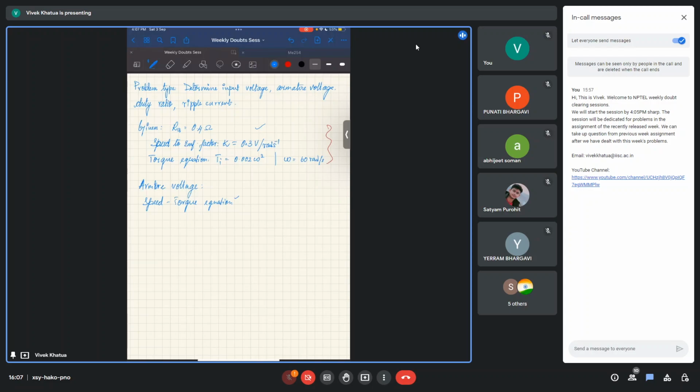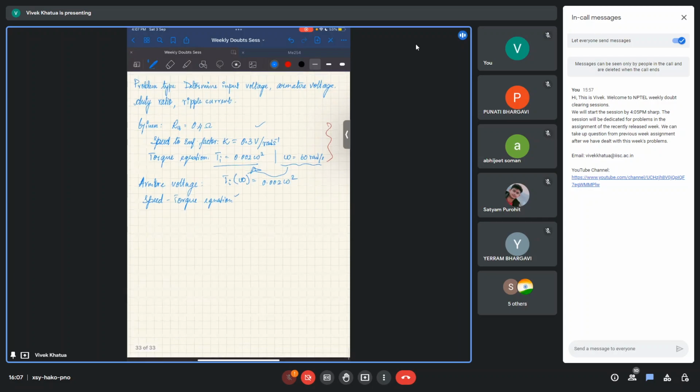Look at the given: we have the speed at which the motor is being operated, and we have a torque equation with respect to omega. The torque of the load is a function of omega. This is omega, not w, 0.002 omega square. From this given, we understand that we need to use the speed torque equation to find the unknown.